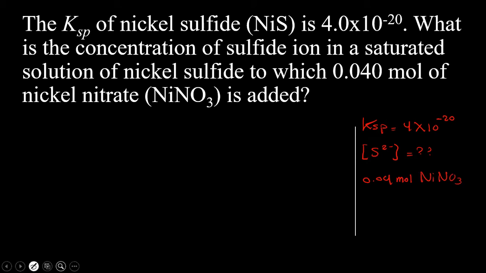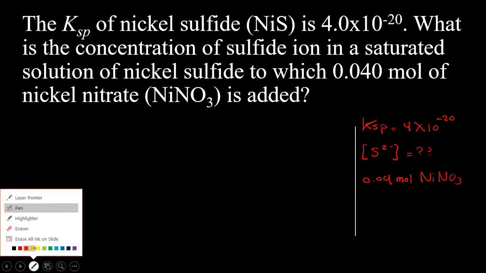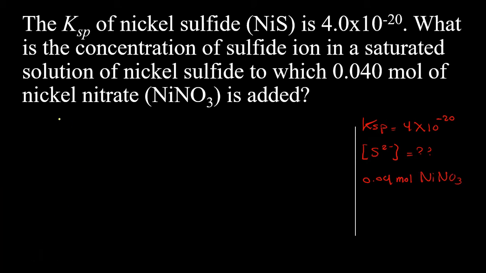After that, I will first write the equation for solubility. So here you have nickel sulfide yielding nickel ion plus sulfide ion. After that, you refer to nickel by X and also sulfur by X. But here we'll add nickel nitrate.